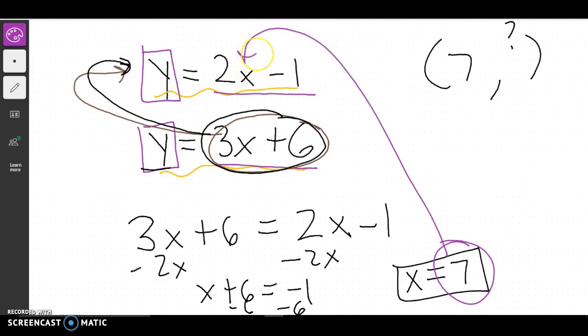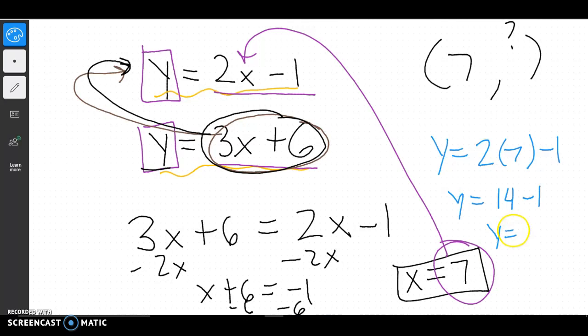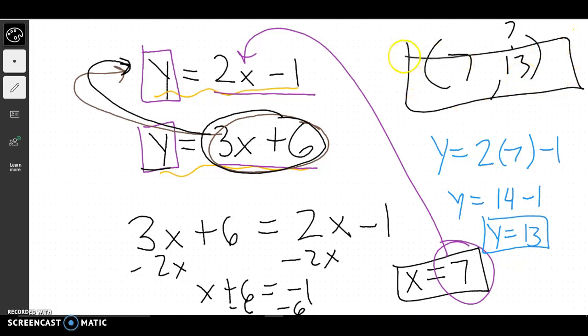I can take that x value and plug it in up there and have y equals 2 times negative 7 minus 1, which means y would equal negative 14 minus 1, or y would equal negative 15. Then I have my two values, so I can get my point. Again, it's all about taking what you know equals something and plugging it in for something else.